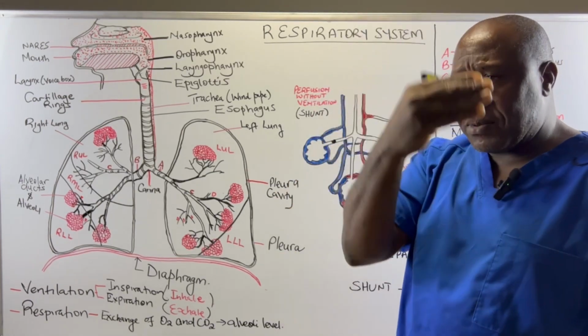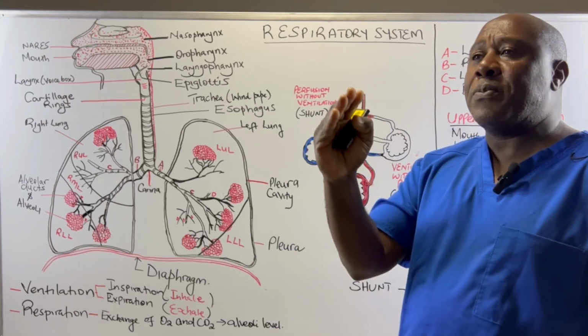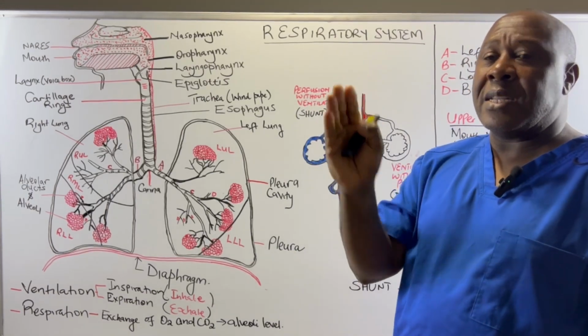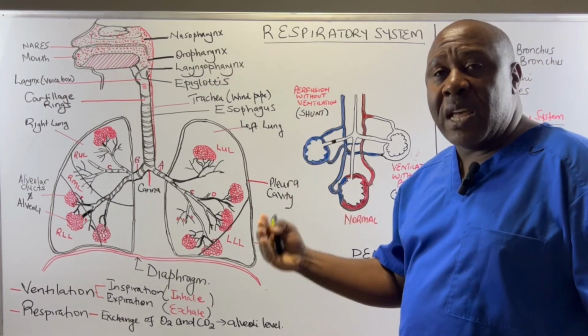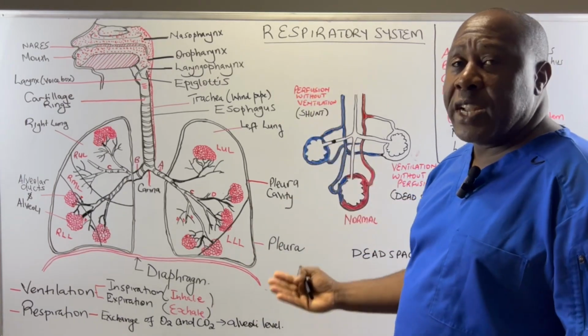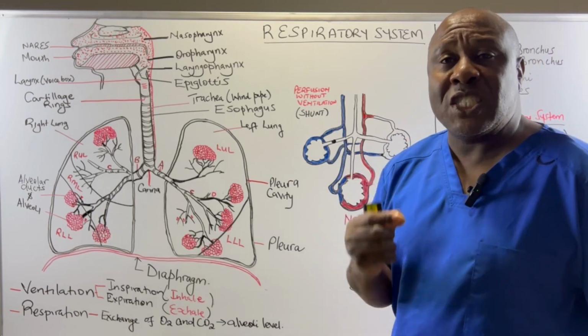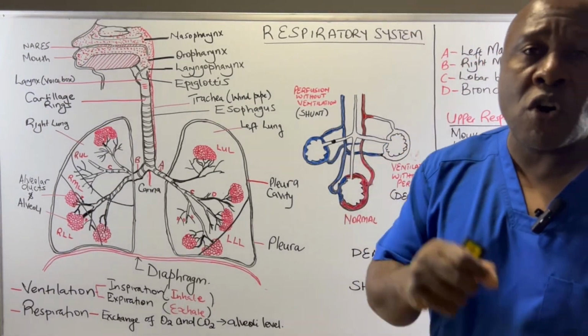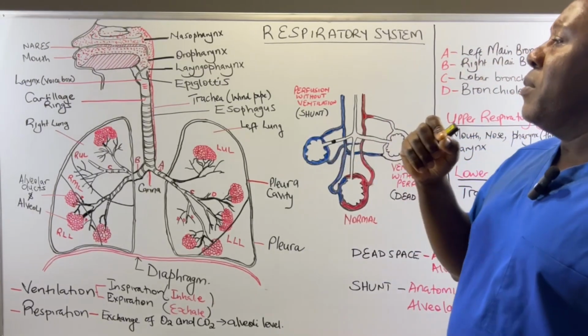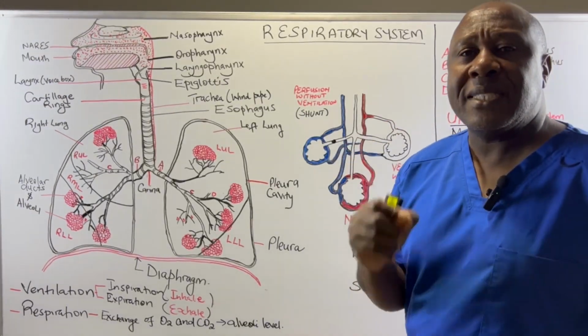So when blood comes into the right ventricle, some of this blood goes to the lung, whereas some blood will just cross over through that opening into the left ventricle to be pumped to the rest of the body. So that blood does not have oxygen at all. So that one is referred to as anatomical shunt.